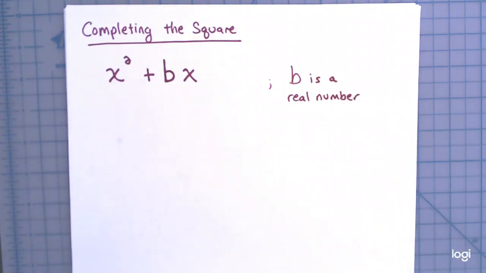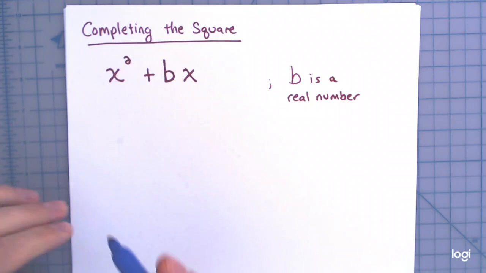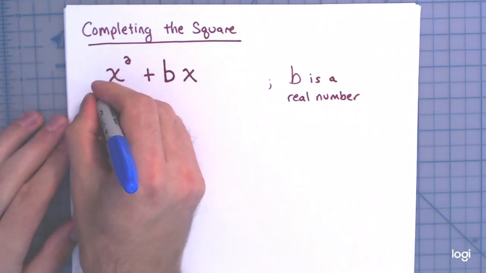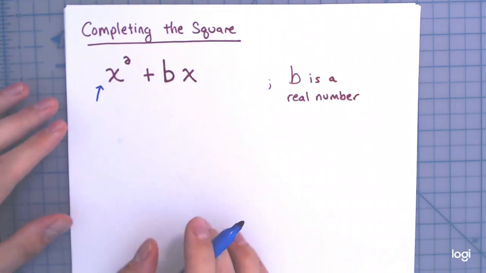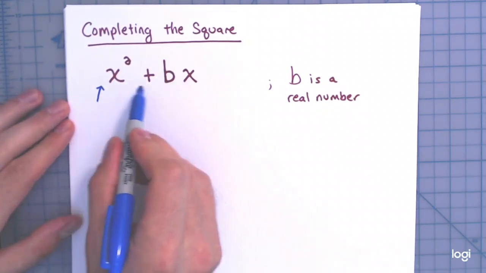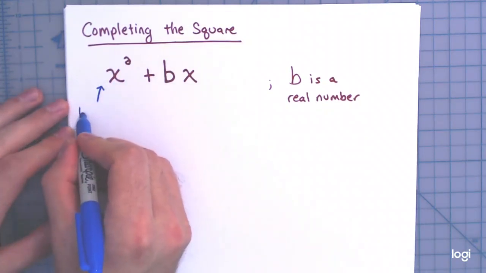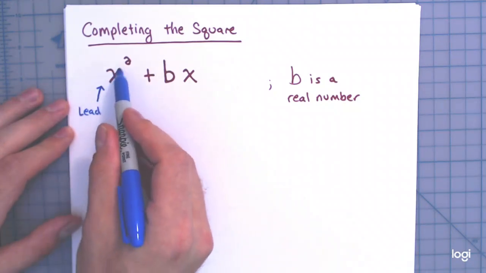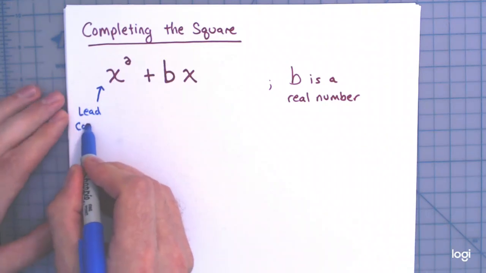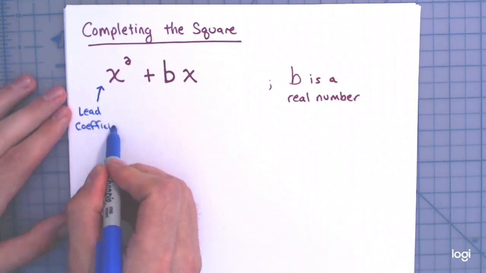And one key, which I put in my last video, was that we only desired to complete the square on an expression like this when the lead coefficient, the number attached to the x squared term, is 1.